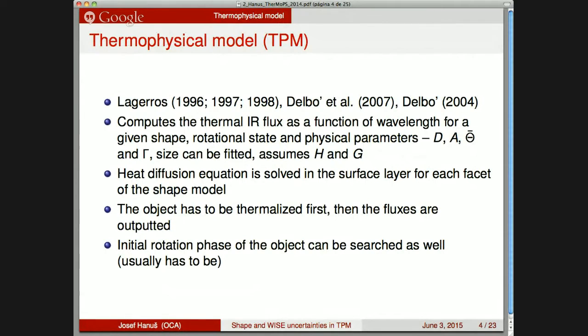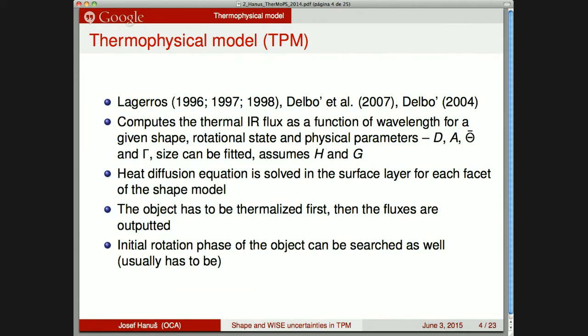From the temperature map, we can easily determine the thermal infrared flux for a given wavelength and then compare it with observations. The heat diffusion equation is solved in the surface layer of the asteroid, we need to thermalize the object, and we can also include the initial rotation phase of the object in the optimization if necessary.